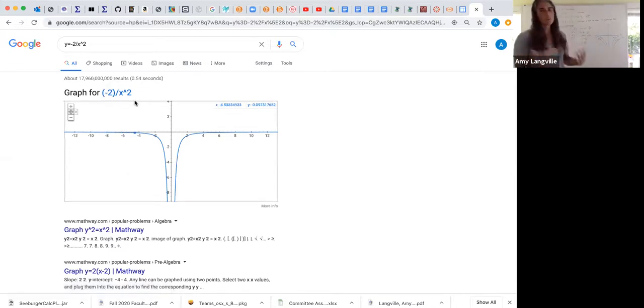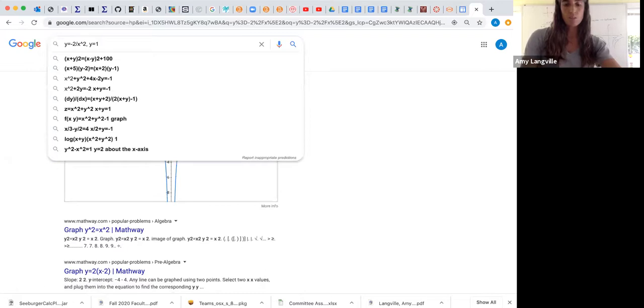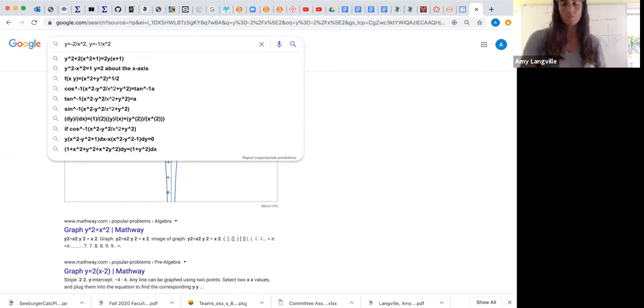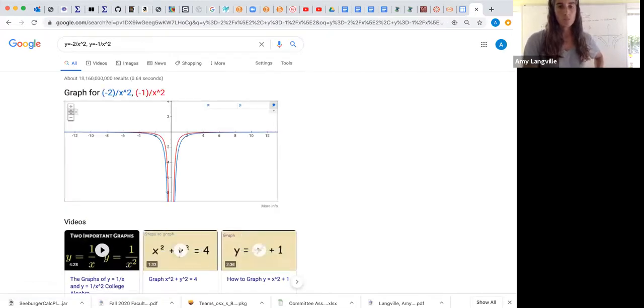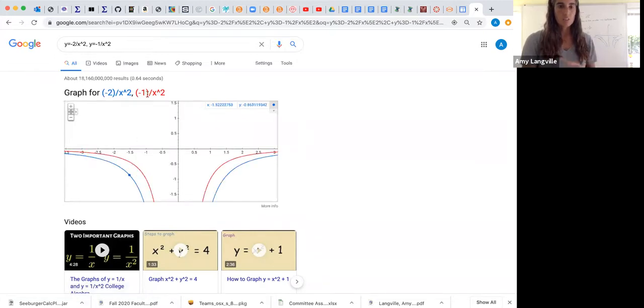And then if you're like, well, I know they're a family of hyperbolas, but where does it live? For the next one, maybe you go ahead and put y equals minus 1, whoops, minus 1 divided by x squared. And it'll show you in the 2 colors. You can zoom in if you like, pull it down. And you can see the red for the -1. So that was our contour right here at negative 1, which comes inside.